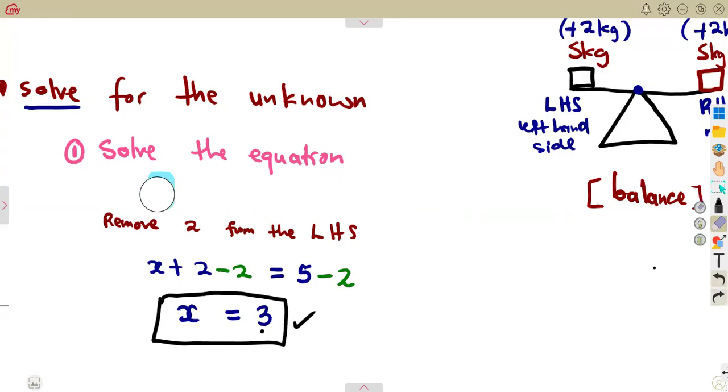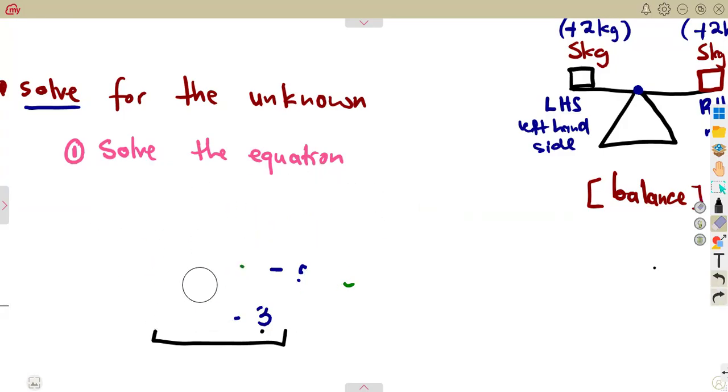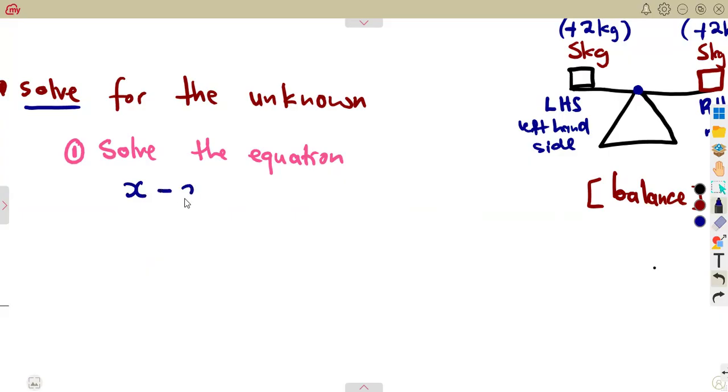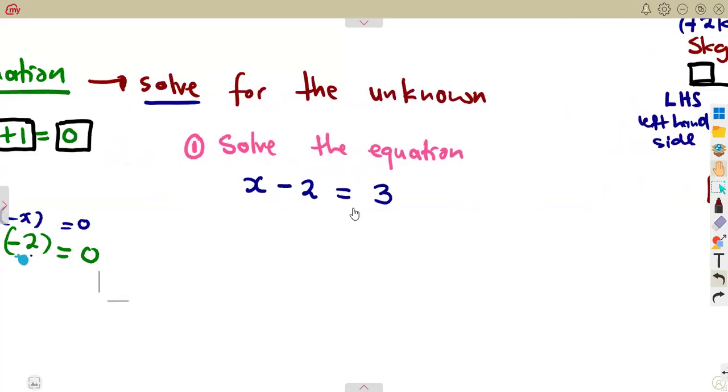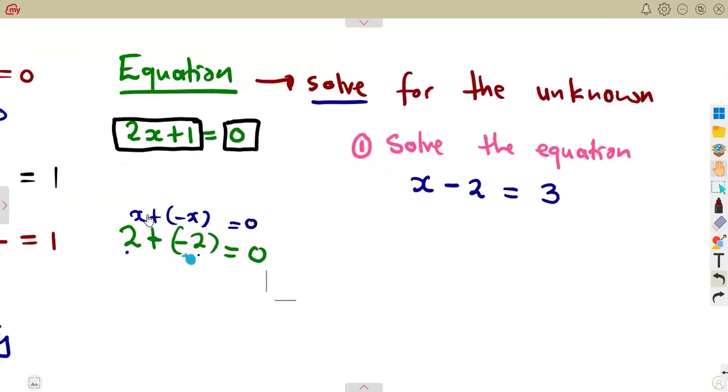All right, so as we saw that, if you are given a part where x is, you can simply subtract or add whatever that you're given. So let's consider to say it was a minus 2 this time, which is equal to 3. x minus 2 is equal to 3. So using the additive concept, we saw that for us to obtain a 0, you're supposed to add a minus, like what we have x plus.